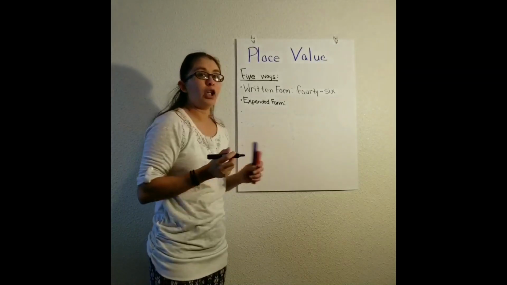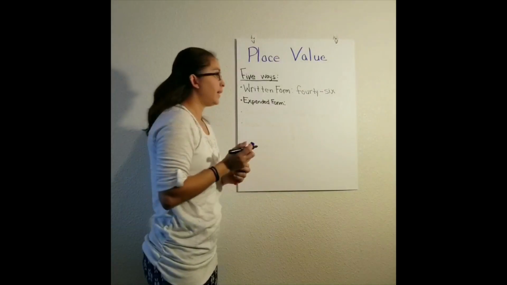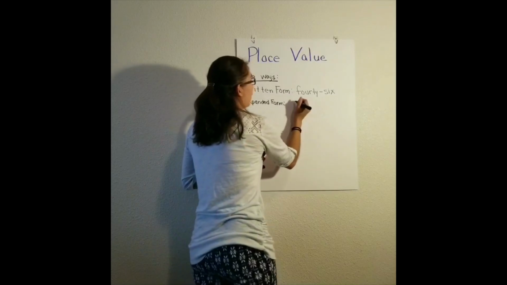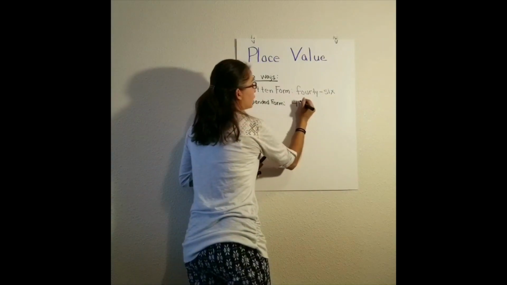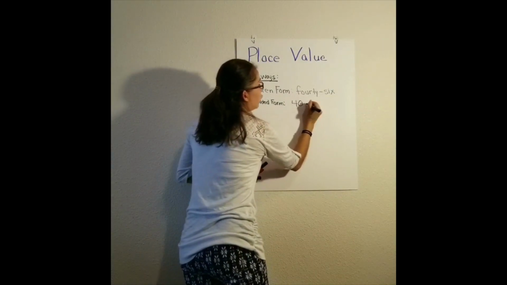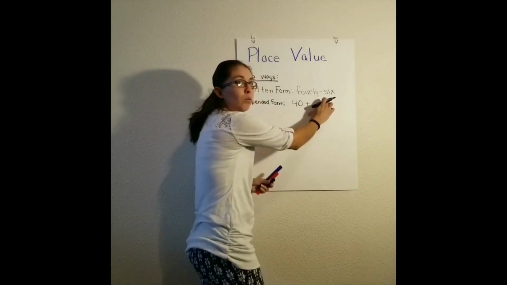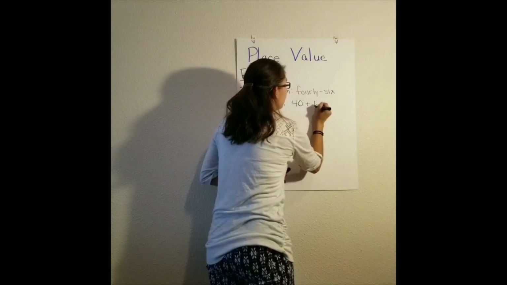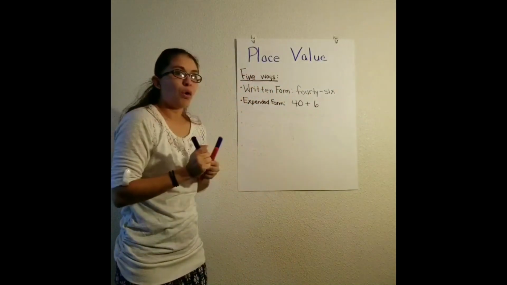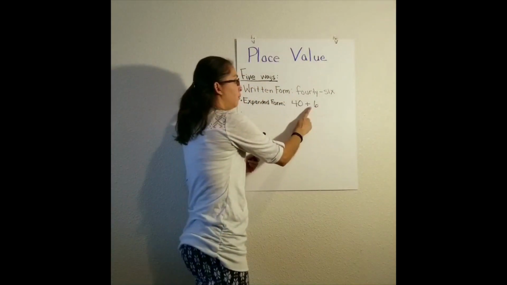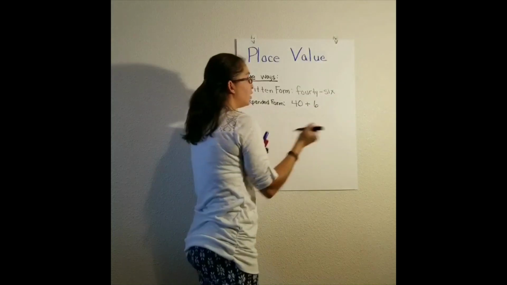For example, I'm going to use the same number, 46. So I'm going to write my tens, which is 40. You're going to put a plus sign, and for the ones, it will be a 6.